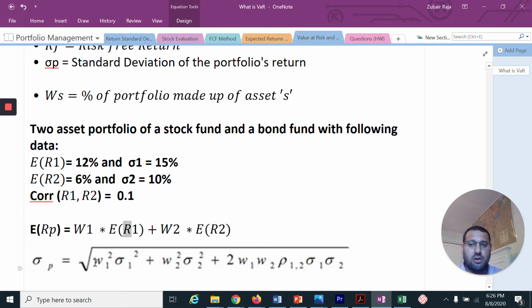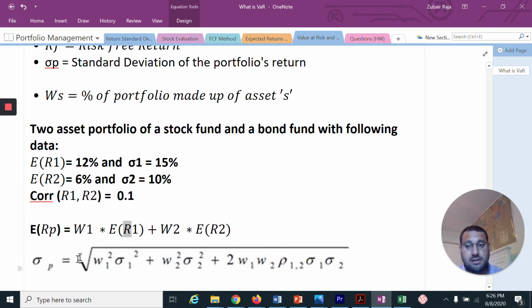You take the square root of this expression, where you have the square of the weight of the stock fund multiplied by its standard deviation squared, this is the variance, plus the square of the weight of the bond fund multiplied by the variance of the bond fund, plus 2 times the weight in the first asset times the weight of the second asset times the correlation of the returns of both assets times the standard deviation of the return of both assets.